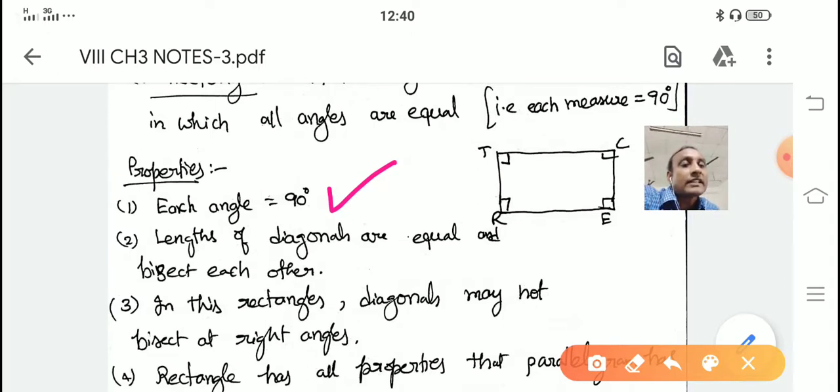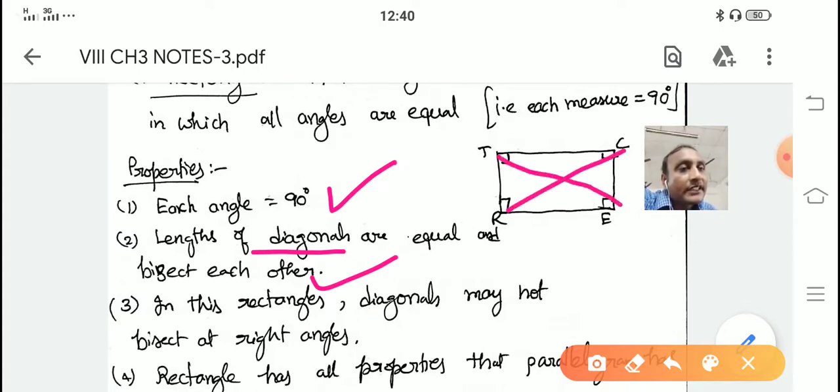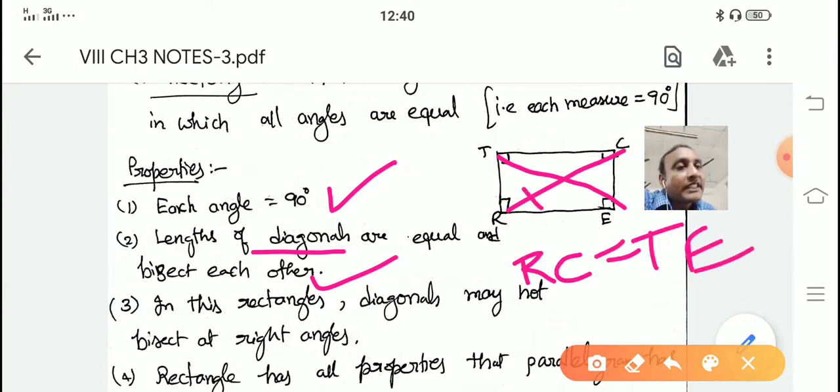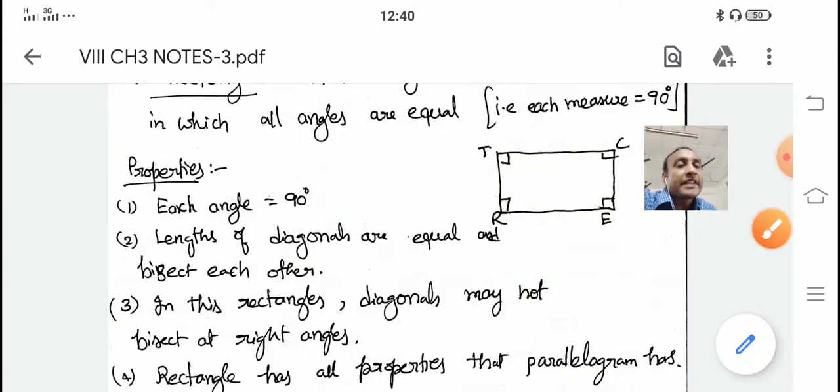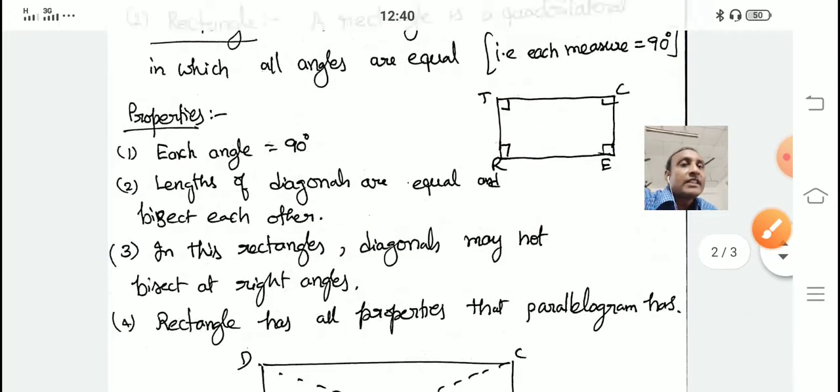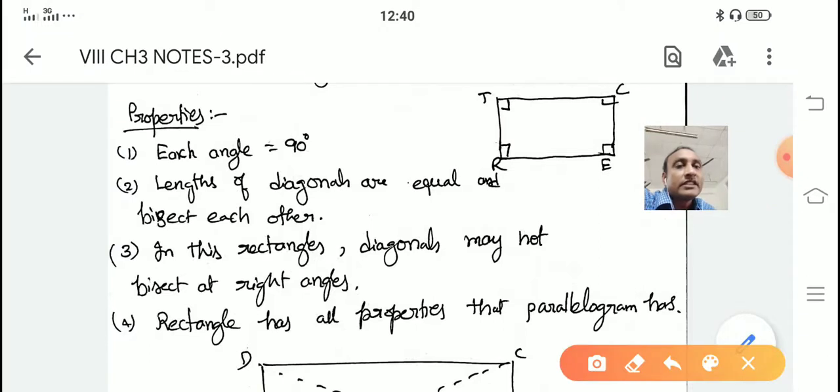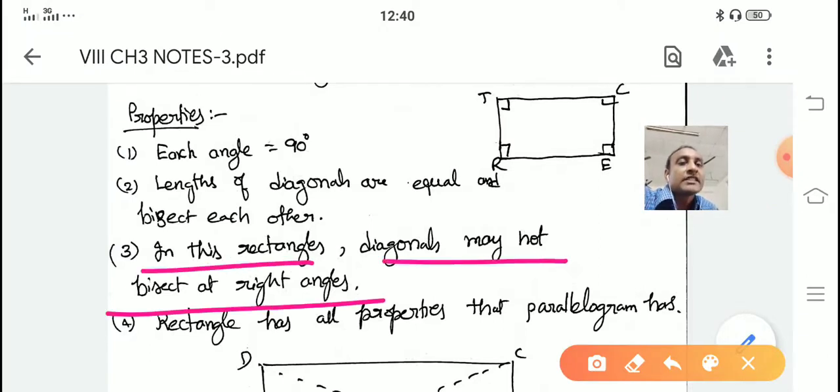The diagonals of a rectangle are equal and bisect each other. If you take RC and TE, RC will be equal to TE and they bisect each other. These two are equal, these two are equal. Bisection is possible here because of the parallelogram property. In this rectangle, diagonals may not bisect at right angles.